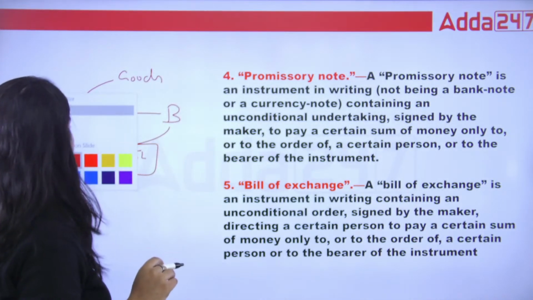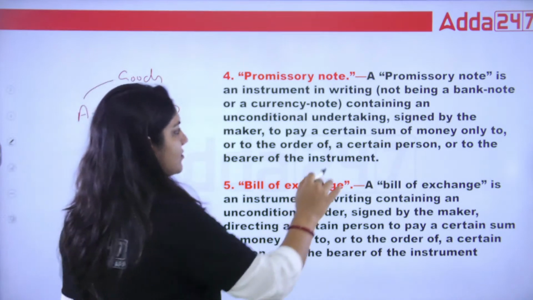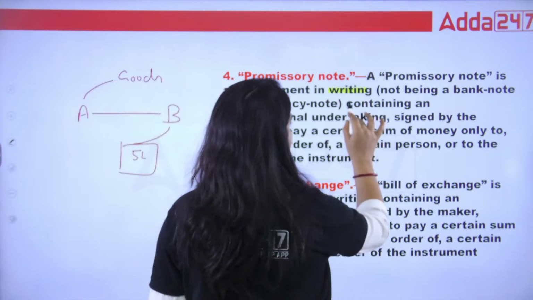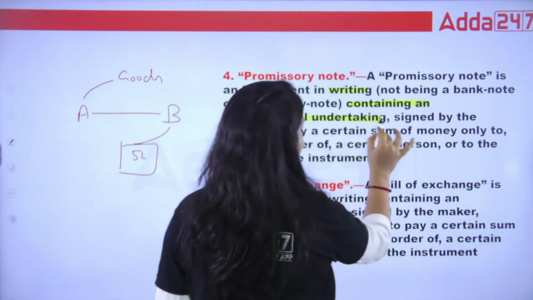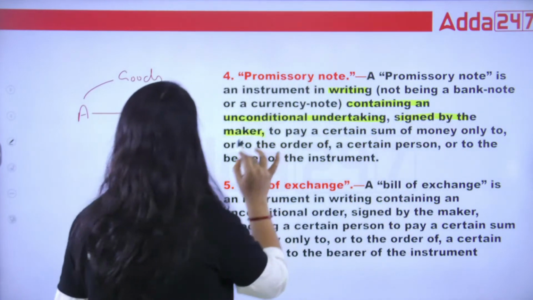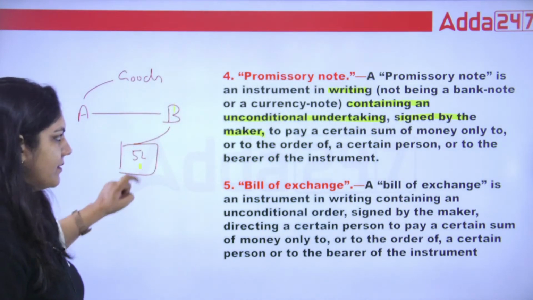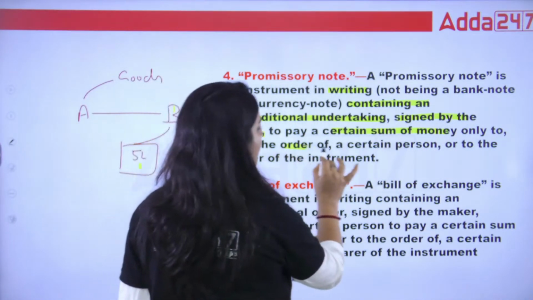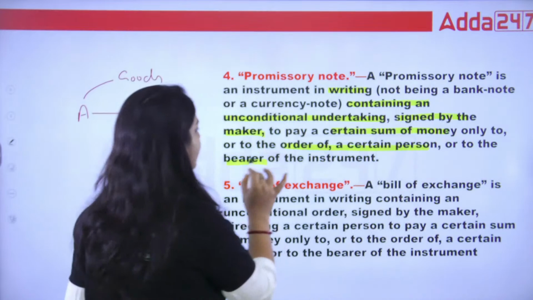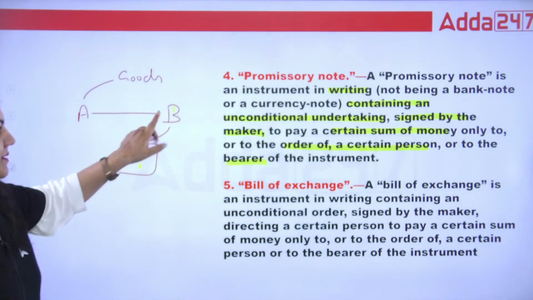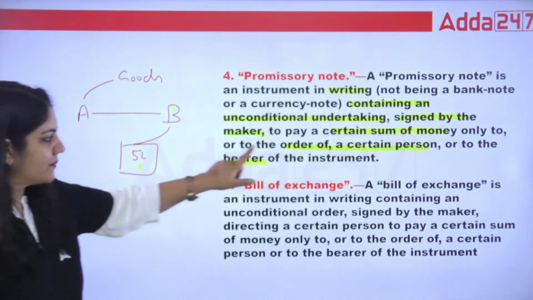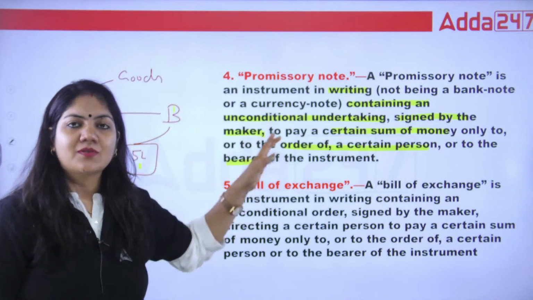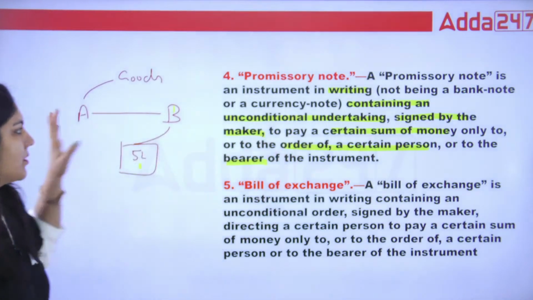A promissory note is an instrument in writing containing an unconditional undertaking signed by the maker to pay a certain sum of money to the order of a certain person or to the bearer. Order means the name is specified, and bearer means the name is not specified.